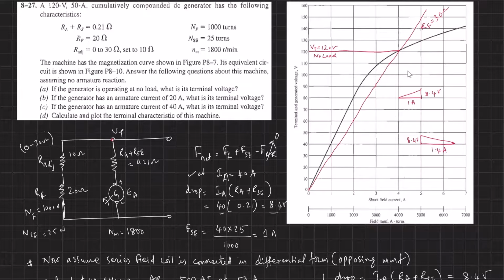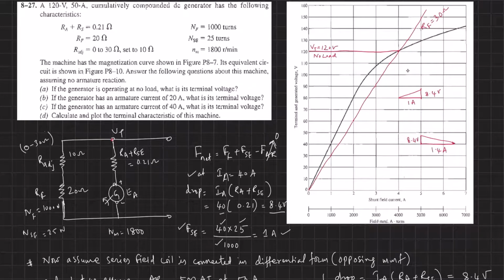So the voltage drop is 8.4 volts. Now we have to calculate the series field winding MMF, which is equal to 40 into 25 turns, 40 amps flowing through it, 25 turns, divided by 1000 turns of the shunt field winding. So which comes to 1 amp.